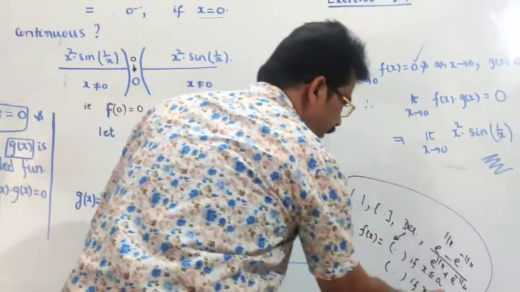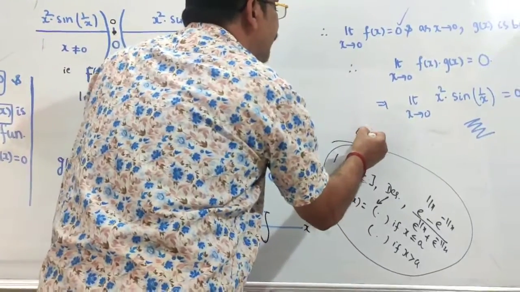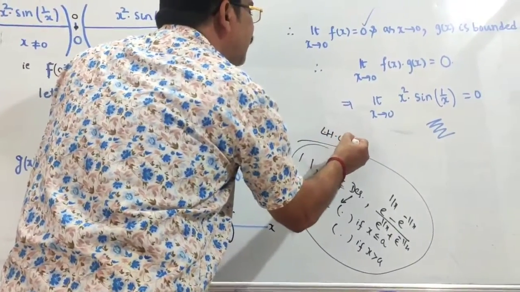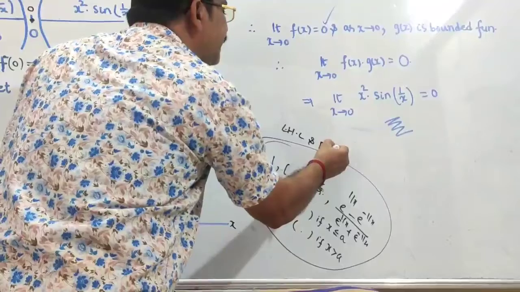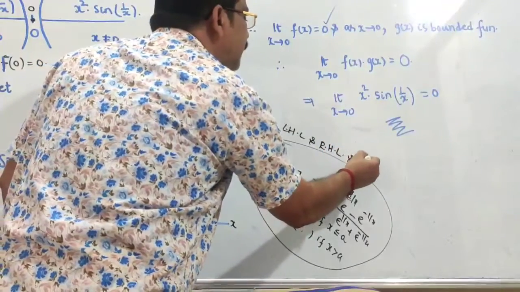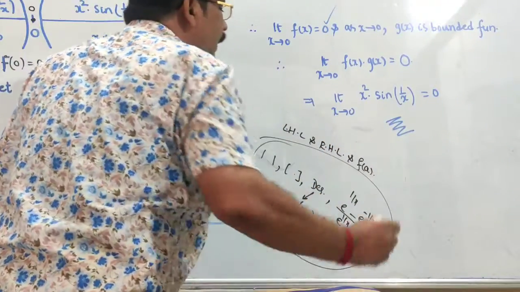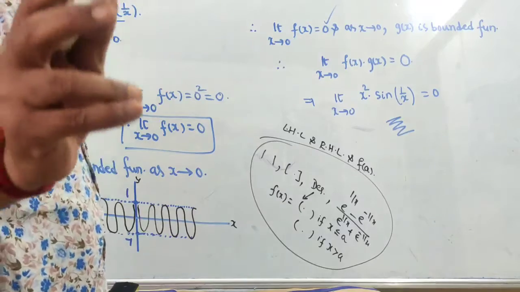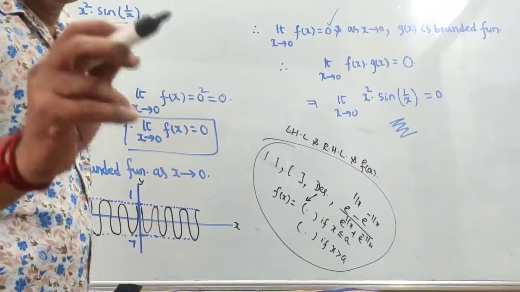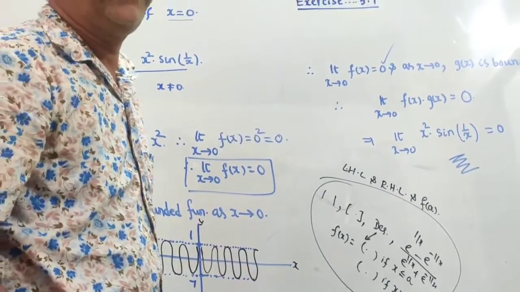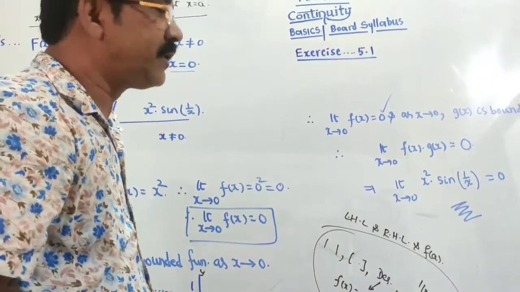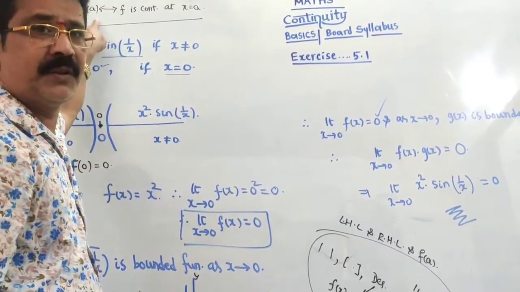For these 4 kinds of functions we have to discuss the left hand limit, the right hand limit and the f of a value. Once again, first you determine whether it is an ordinary function or a special function. If it is an ordinary function, you go through the first definition.